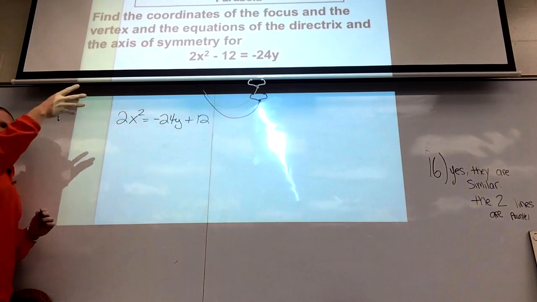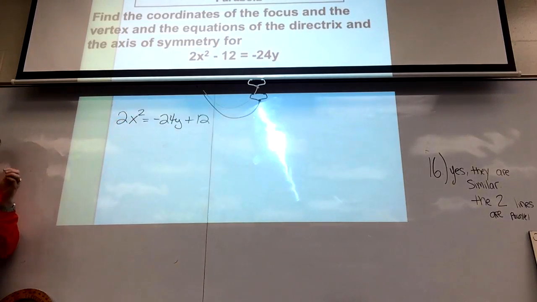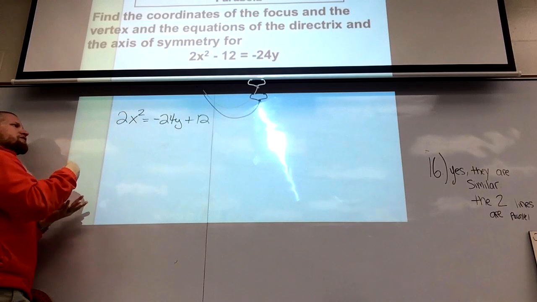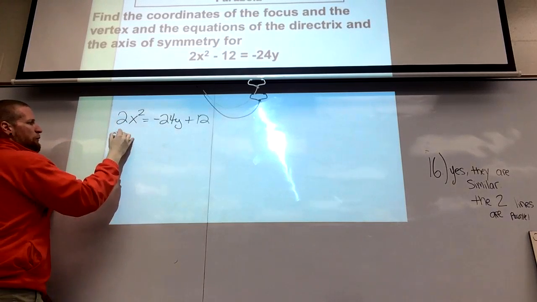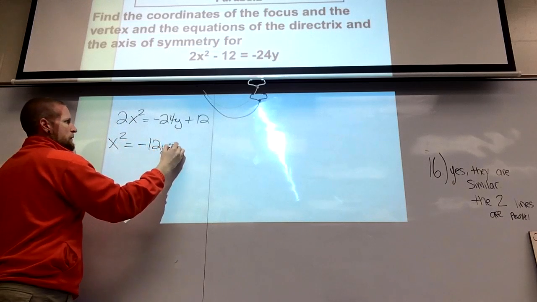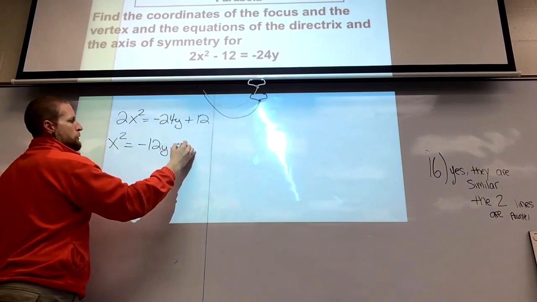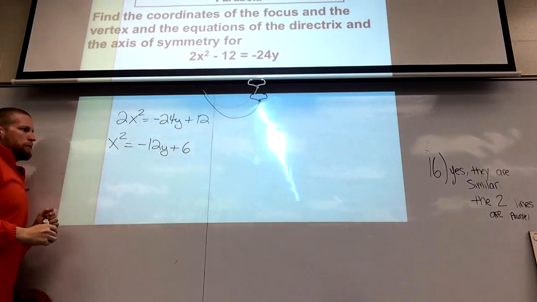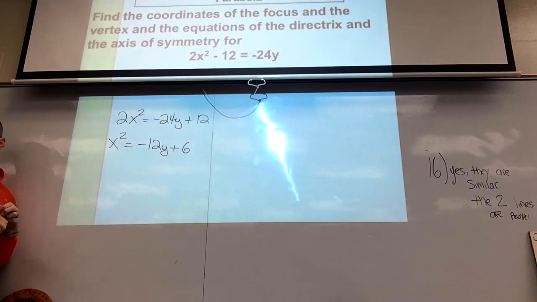Now, like in terms of isolate, when I mean isolate x squared, I mean try and get it as simply x squared by itself. So since it says 2x squared, I would divide everything by 2. Okay?